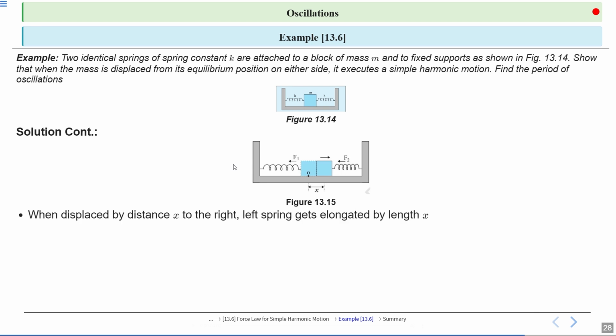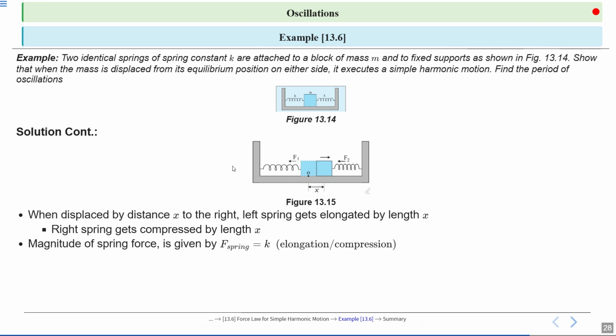When displaced by a distance x to the right, the left spring gets elongated by length x. This means both springs are either stretched or compressed by the same distance, but in opposite ways. Both springs contribute to the total force acting on the block. Focusing on the right spring, when the block moves right, this spring is compressed by x.